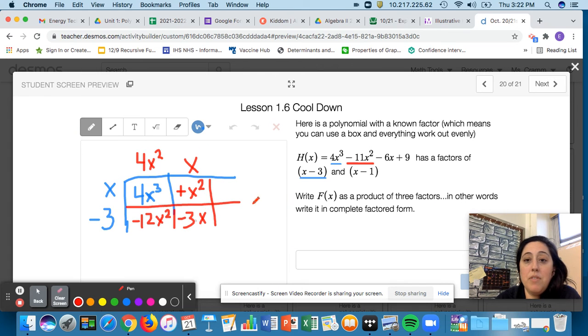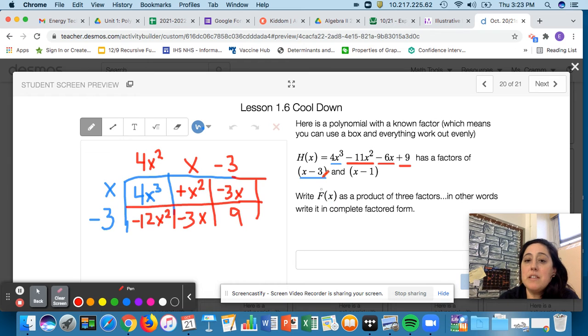Now, negative 3x, I want negative 6x. So negative 3x minus 3x would give me that negative 6x. So that would be x times negative 3. And negative 3 times negative 3 would give me this positive 9 that I see.